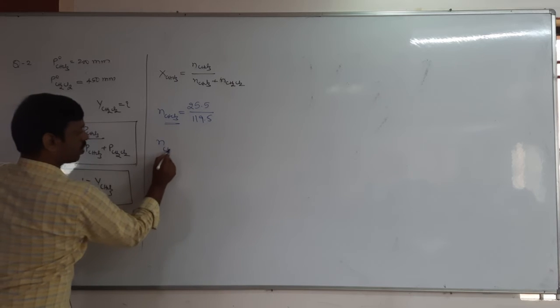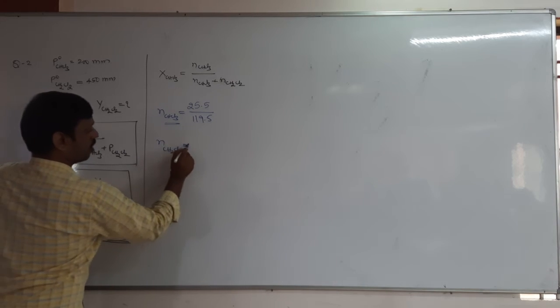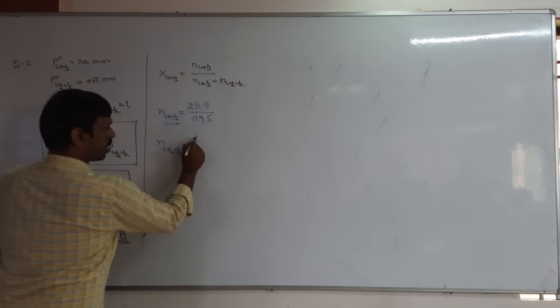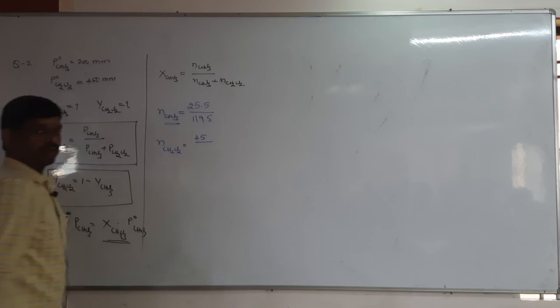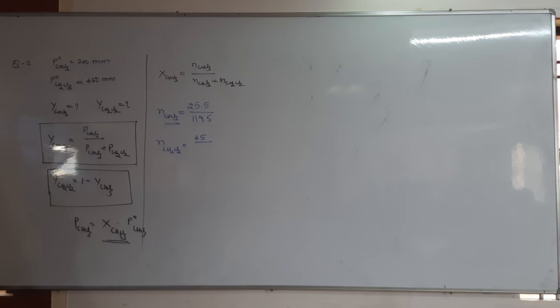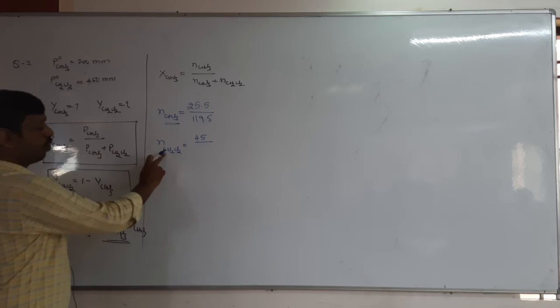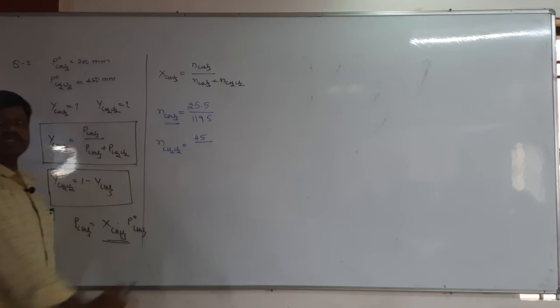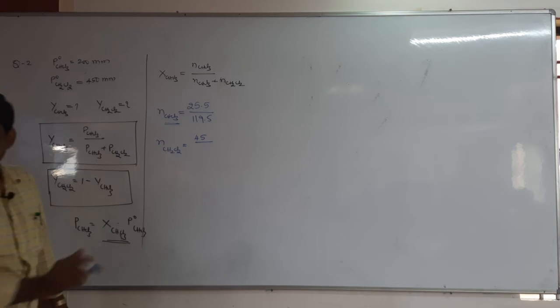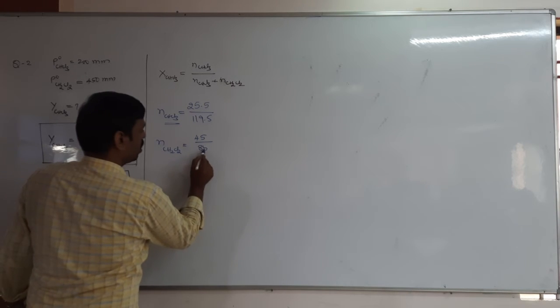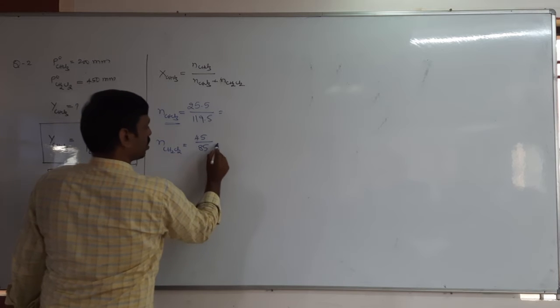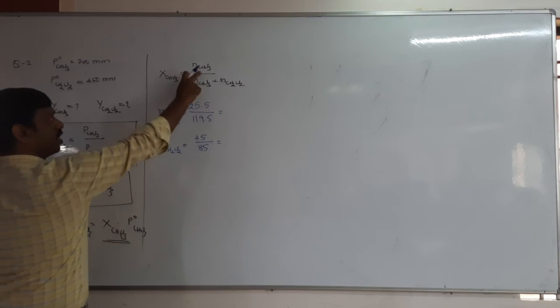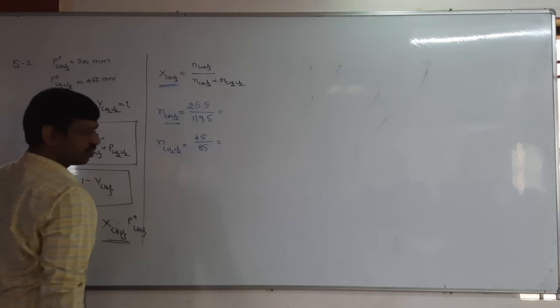Next, N dichloromethane is 45 grams divided by its molecular mass: 1 carbon 12 plus 2 hydrogen, 2 chlorine 71, that is 85. So 45 by 85 gives the number of moles. Substitute those moles here and you will get X chloroform.